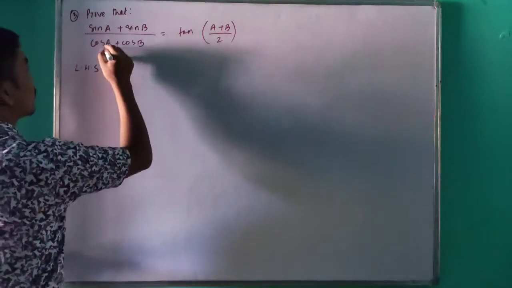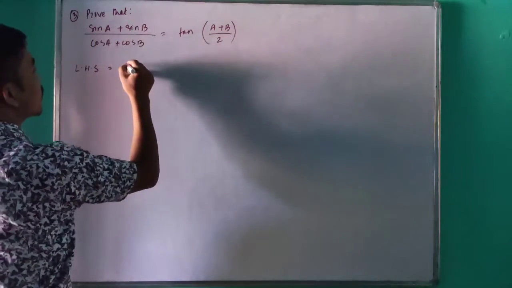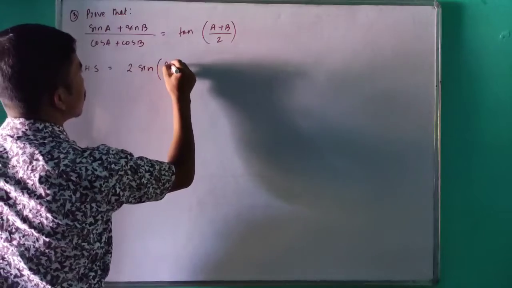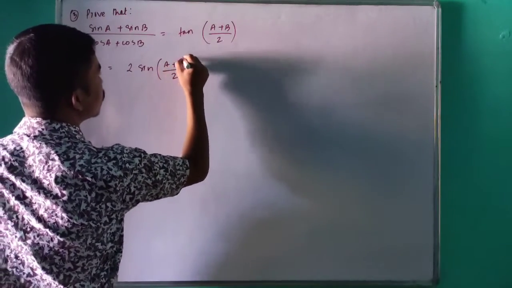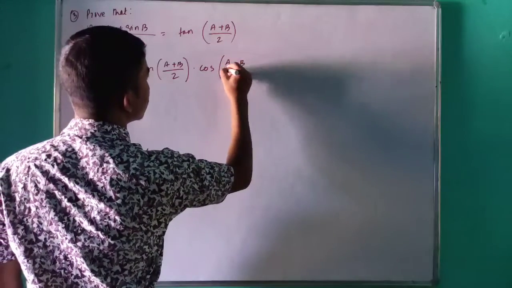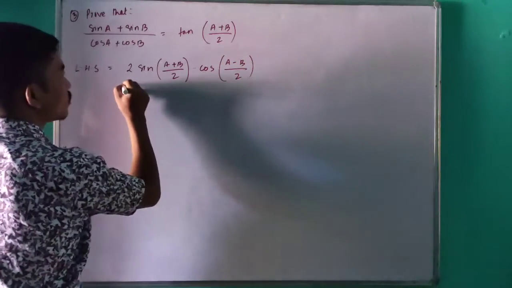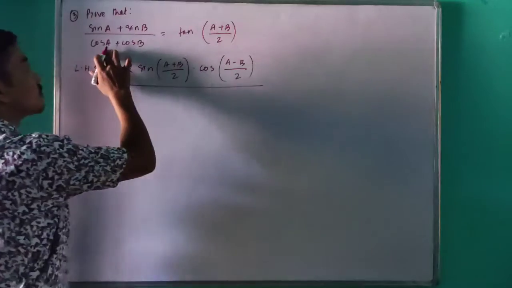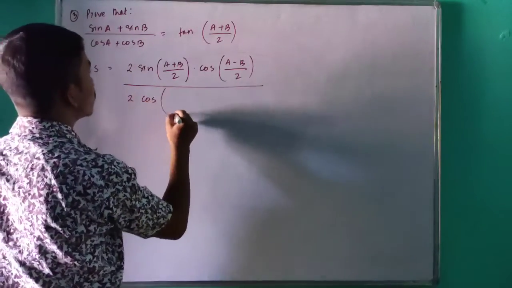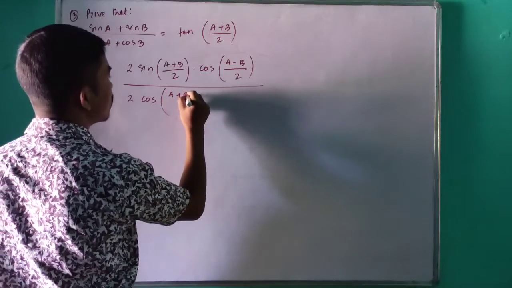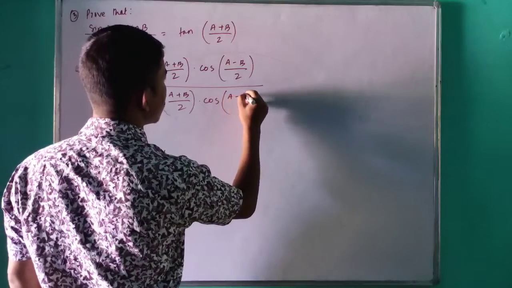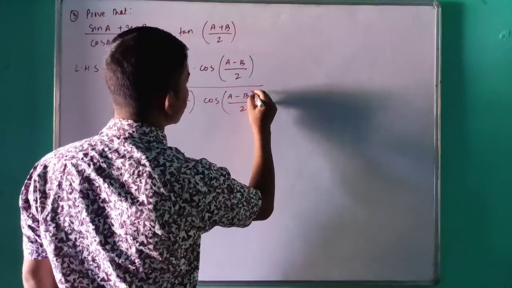So I will write LHS as sin a plus sin b, which is equal to 2 sin of a plus b divided by 2 into cos of a minus b divided by 2, divided by, similarly, cos a plus cos b, which is equal to 2 cos of a plus b divided by 2 into cos of a minus b divided by 2.